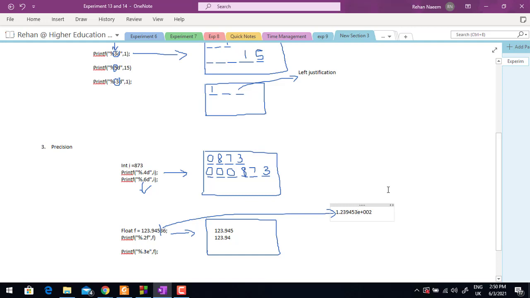Okay, only 6 digits will be displayed. 1.239453 exponent 2, e plus 002 means 10 raised to the power 2.